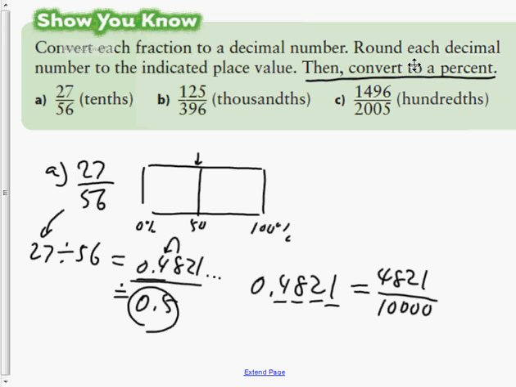But if I wanted to make this into a percent, I could divide 10,000 by 100, because I move it over two places, once, twice. And I would get 48.21 out of 100, which is approximately 48.2%. And I'll just keep one decimal place.